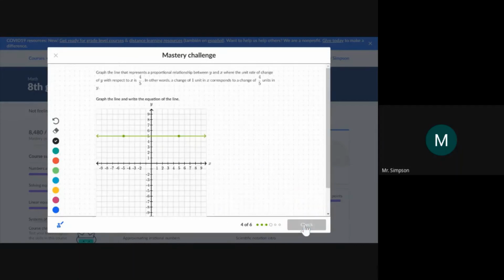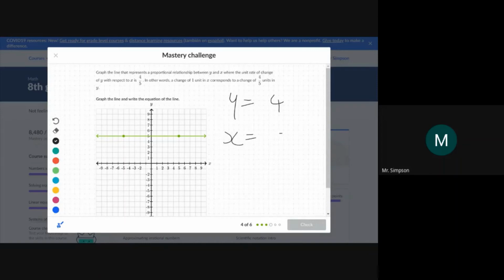Next question. This question says, graph the line that represents a proportional relationship between y and x, where the unit rate of change of y with respect to x is 4/5. So basically they're saying the y is equal to 4 and the x is equal to 5.